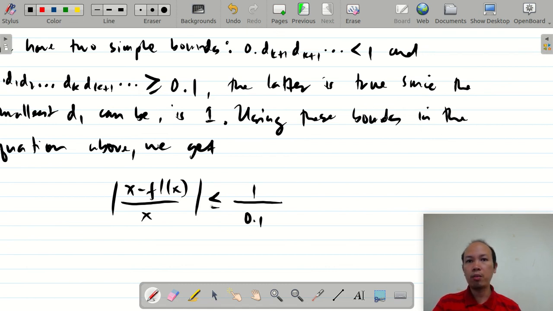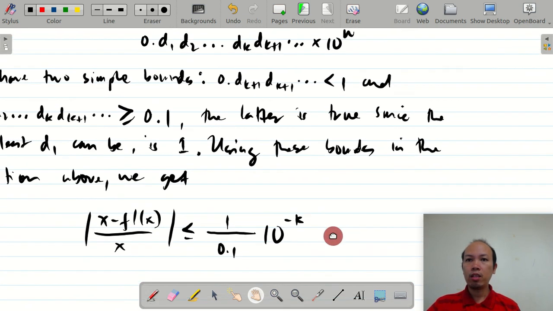It is safe that we can write less than, although this is greater than 0.1, since this is very small, times 10 to the negative k. Why is it that it is negative k?